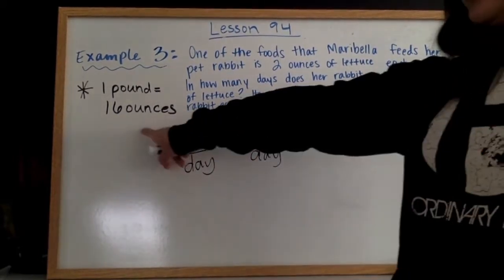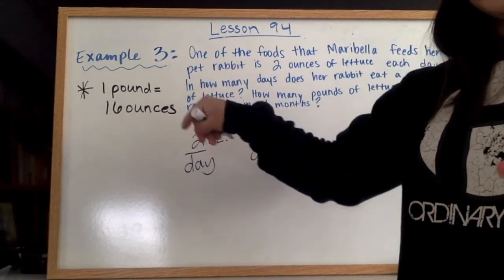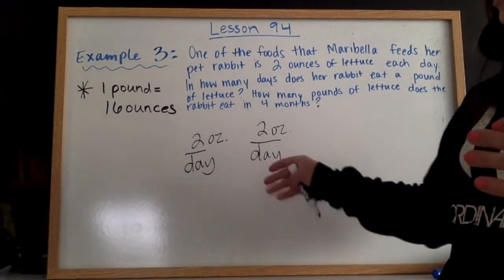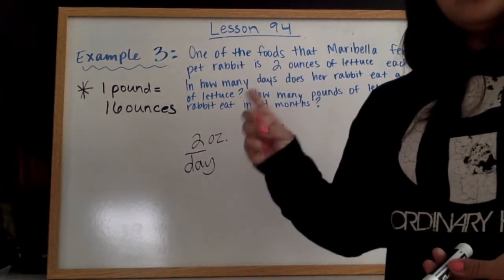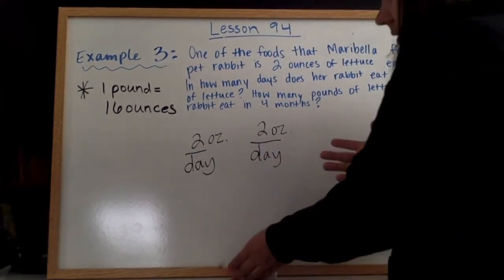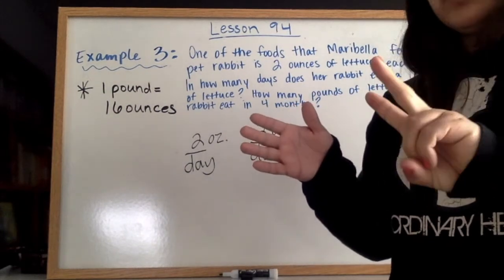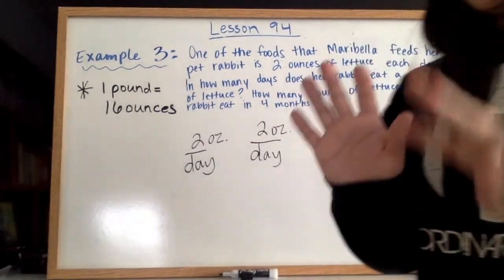Now over here I put that a pound is equal to 16 ounces, just as a reminder. So if every day is 2 ounces, we can either count up the days by going 2, 4, 6, 8, 10, 12, 14, 16. So that would take us about 8 days.